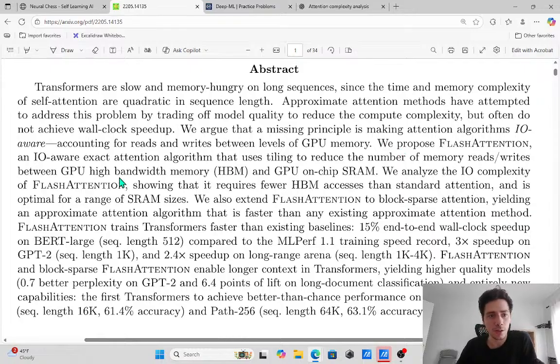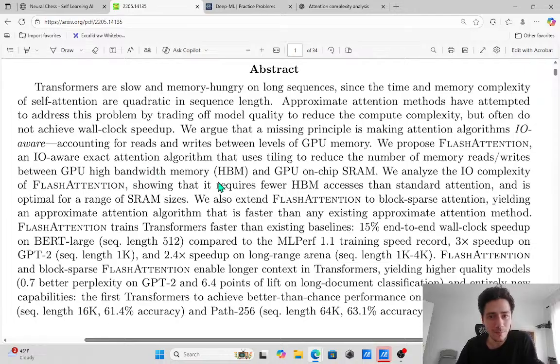It says: FlashAttention, an IO-aware exact attention algorithm that uses tiling to reduce the number of memory reads and writes between GPU high bandwidth memory. Okay, there are a few things I don't understand right here, like the use of tiling. Am I supposed to know what that means? I do not know what that means.